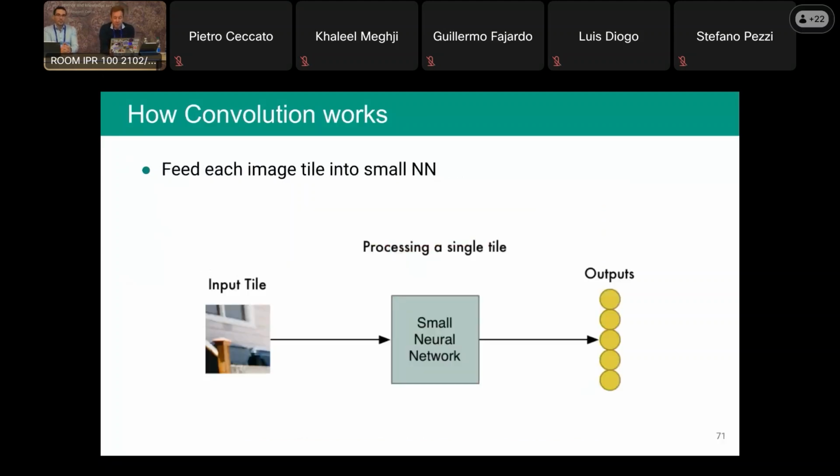And we just process the tiles with a smaller neural network that has a way smaller number of parameters than the 6 million that I just told you before. Typically, the input tiles could be 3x3, or 5x5, or 7x7, just to give you a range of how big those tiles are. And we learn a very small neural network, which has a way lower number of parameters, that will process every single input tile and provide you with the output that you're expecting for that specific location on the image.